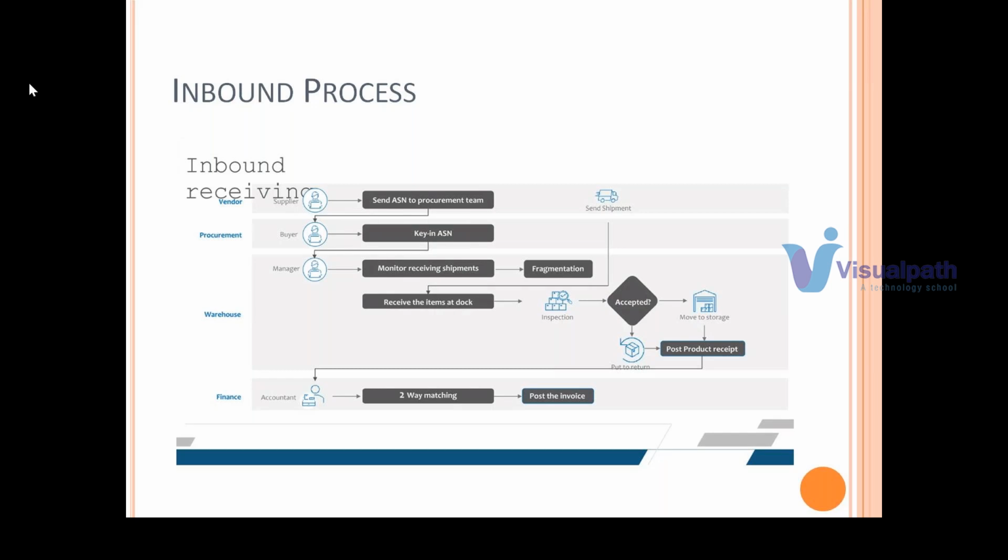For example, when we create an order for 100 quantity and we receive 70 quantity from the vendor, we can do a partial shipment, I mean partial receiving of the items from the vendor as well.